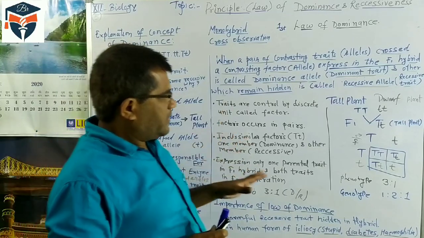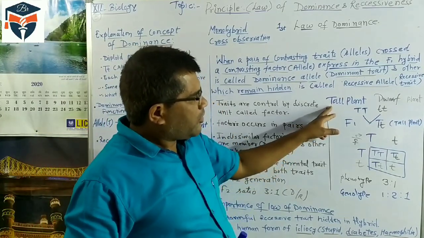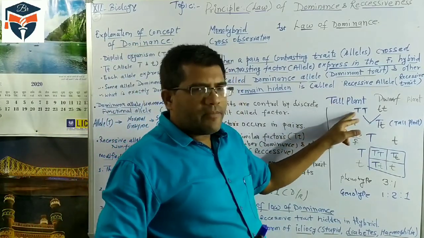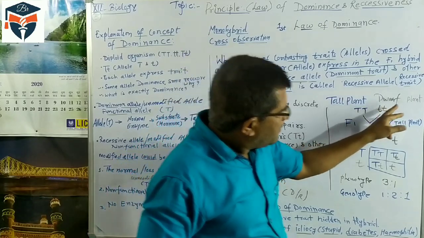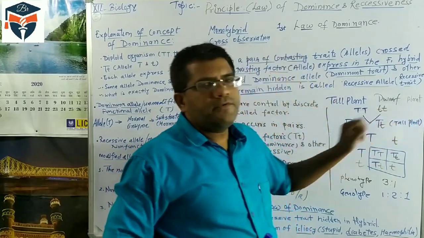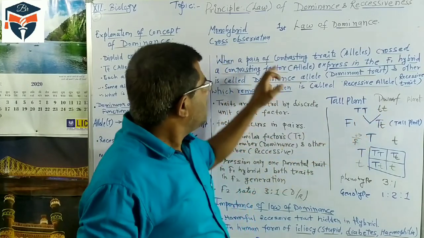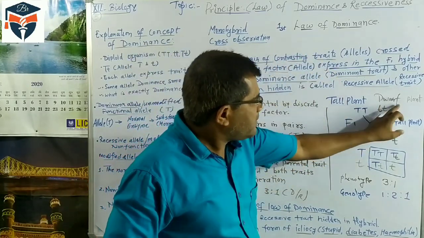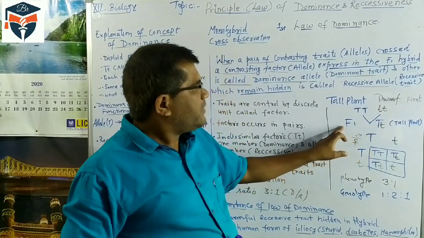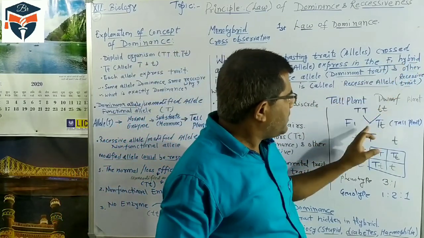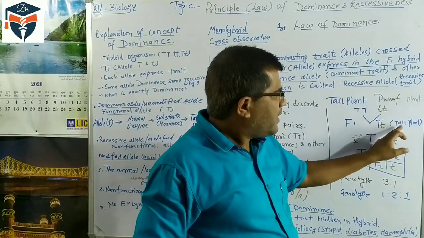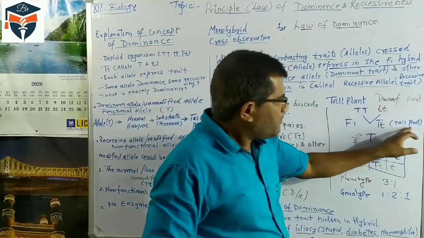Try to understand here. I have a tall plant, genotype capital T, and a dwarf plant, genotype small t. When they are crossed, a pair of contrasting characters are crossed. In the F1 generation, I get the hybrid capital T small t, and its character is tall plant.